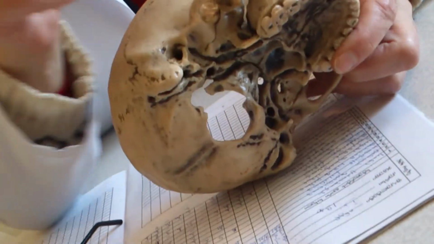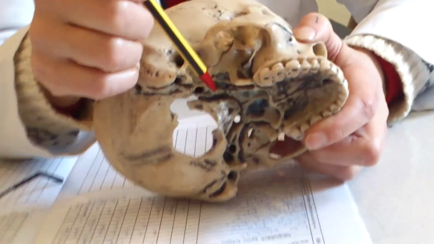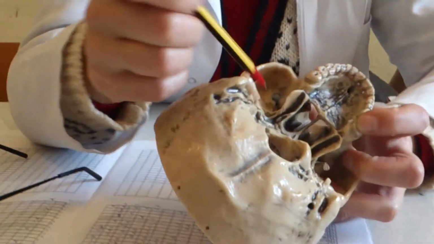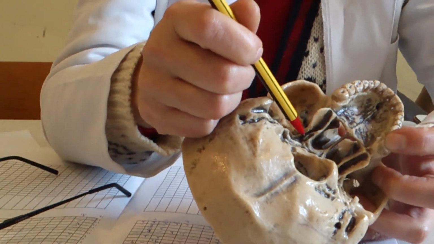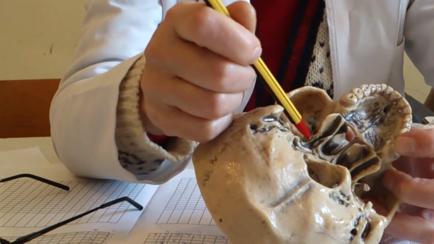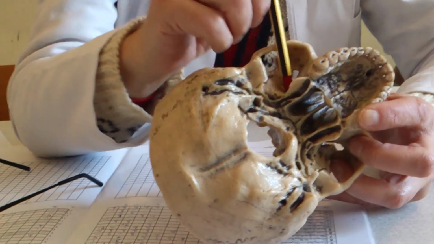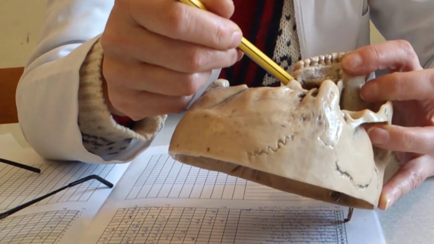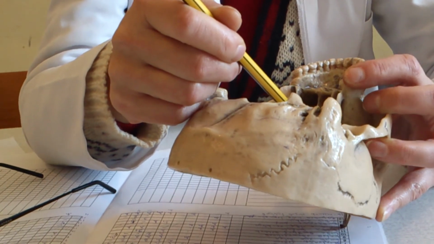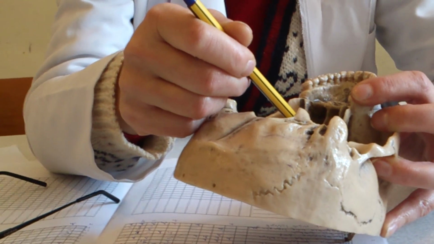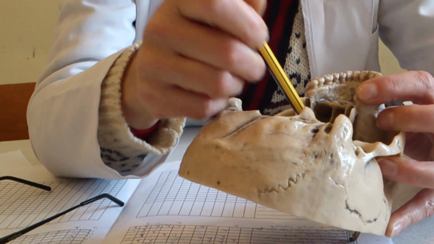How does the pterygopalatine fossa connect with the pharynx? By the pterygoid canal, which passes through the pterygoid process. And last, it is connected with the nasal cavity through the sphenopalatine foramen, which is not visible on this skull.